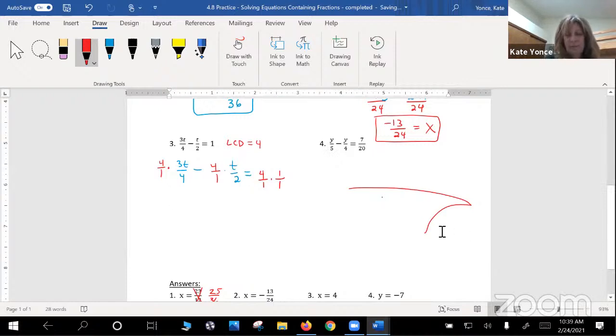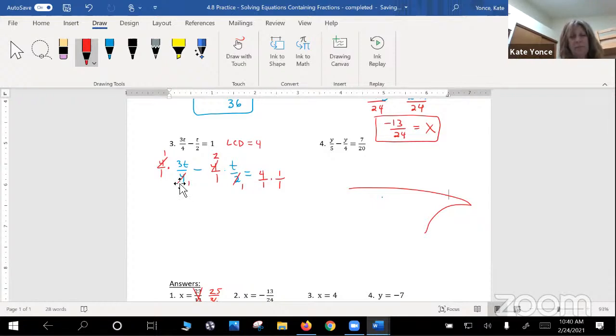Okay, and then we gotta do the cross cancel. 4 goes into 4 one time. 2 goes into 4 2 times. 4 goes into 1 4 times.